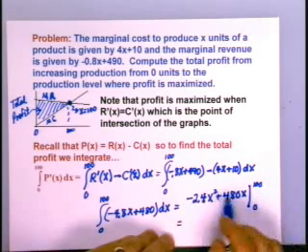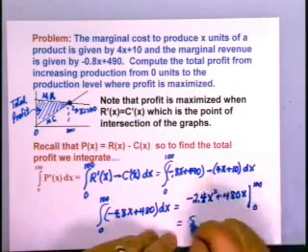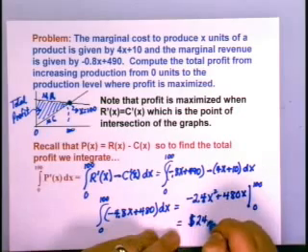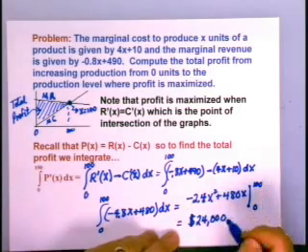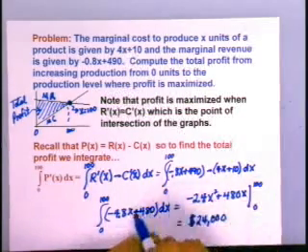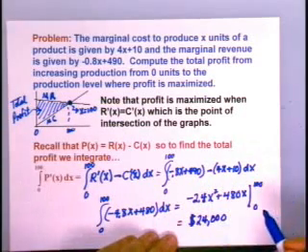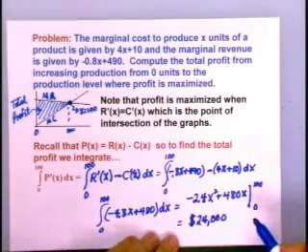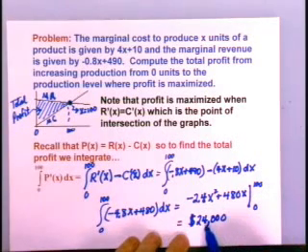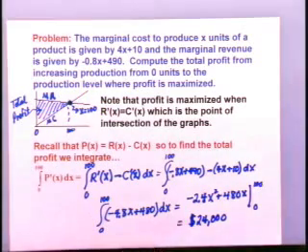And if you complete this integration, you end up with 24,000. Again, you can always switch to your calculator and use Math 9. Type in the original expression or this and evaluate it from 0 to 100 to yield $24,000. And the $24,000 is the total profit in increasing production from 0 to 100 units.